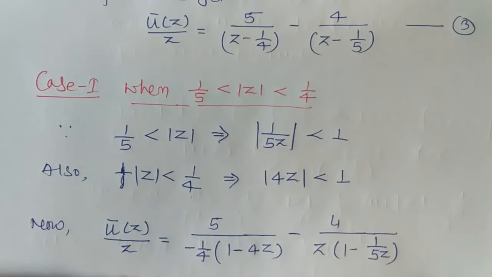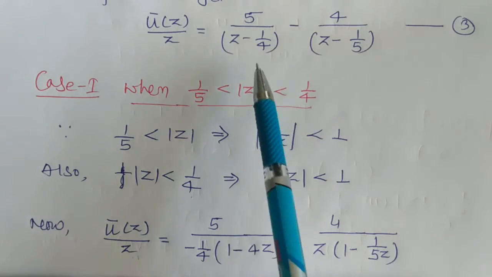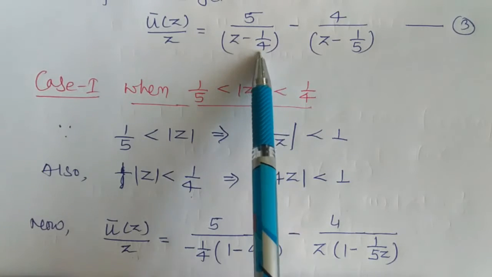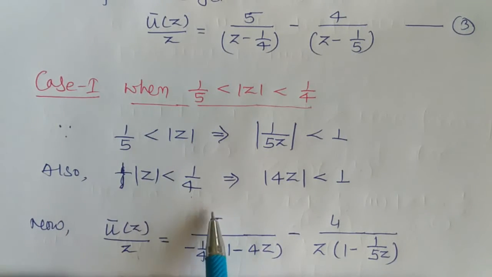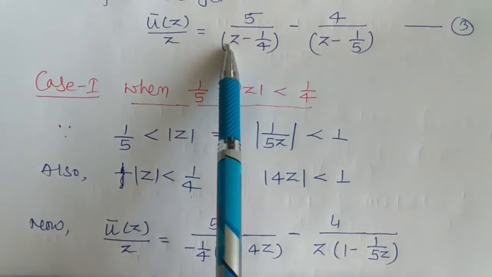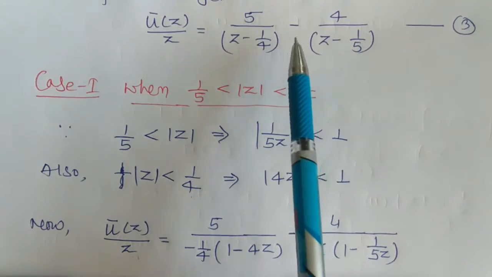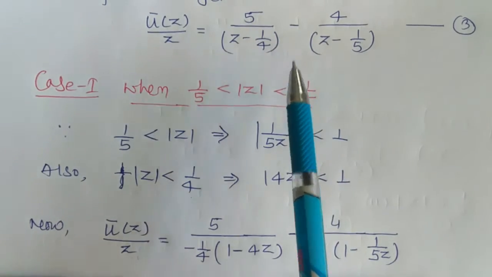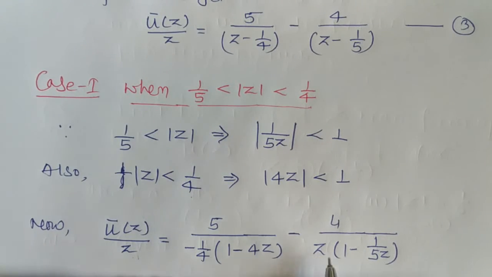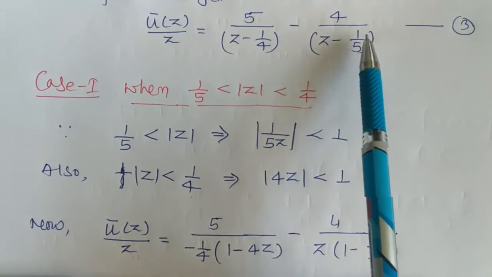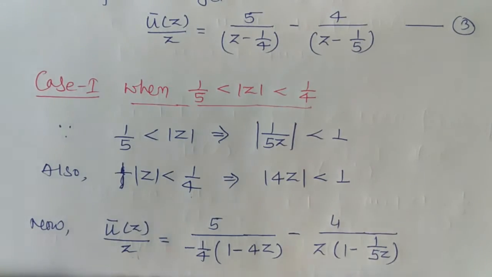So we get u bar z upon z is equal to, from the denominator we take minus 1 by 4 common, then we get 5 upon minus 1 by 4 times 1 minus 4z, here minus 4 upon z into 1 minus 1 by 5z.